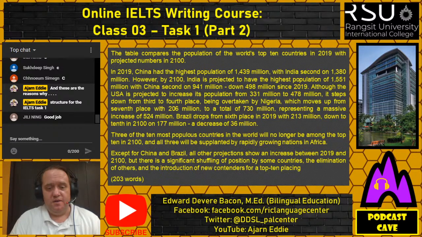Okay. Good. All right. So the first body paragraph says, in 2019, China had the highest population of 1,439 million, with India second on 1,380 million.